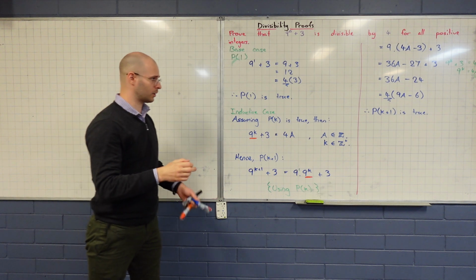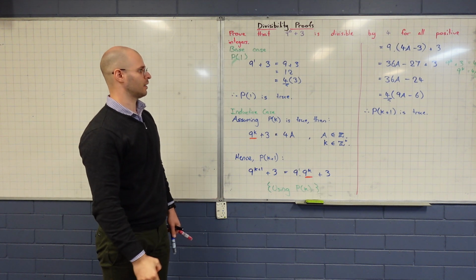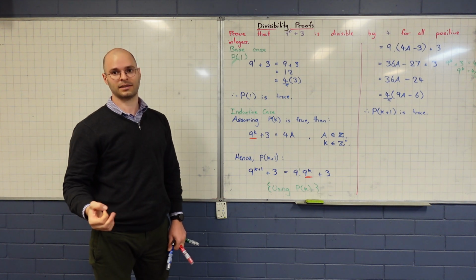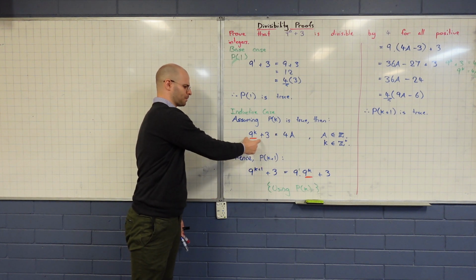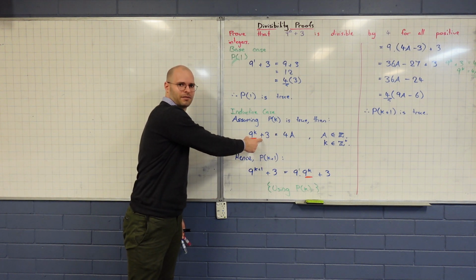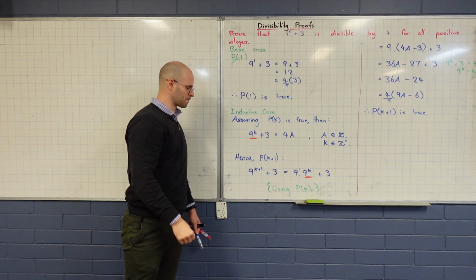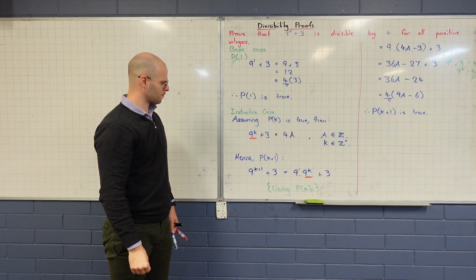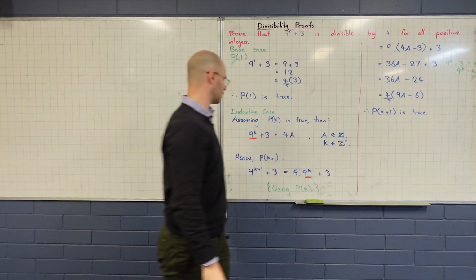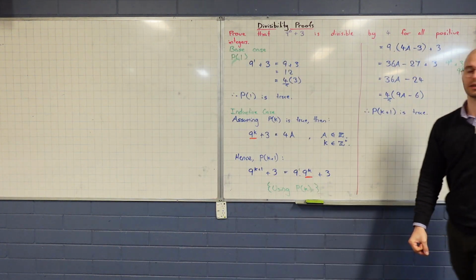So the real, again, I don't want to use the word trick, the strategy for dealing with these is you modify your P of k expression. So how come with the brackets the to the power of k disappeared? With the brackets, where it goes 9 times, substitution.